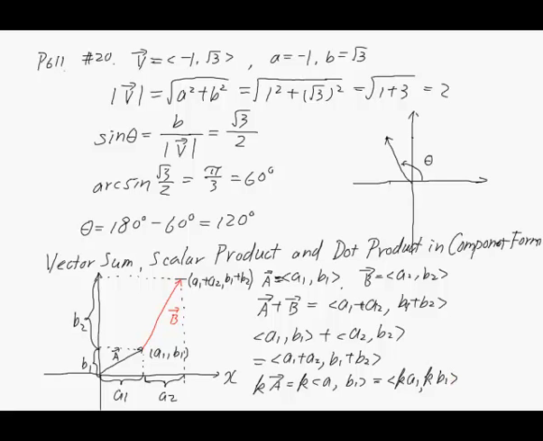And also for the subtraction, you have a minus b, then this is equal to a1 minus a2 and b1 minus b2. Now let's look at a new concept, dot product.